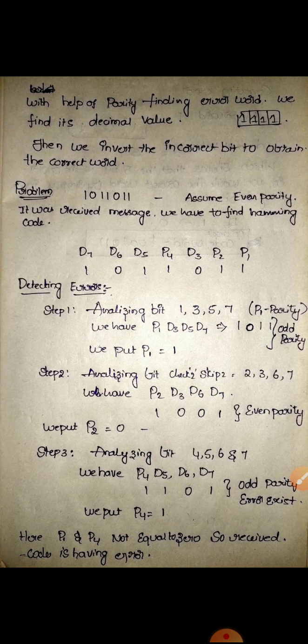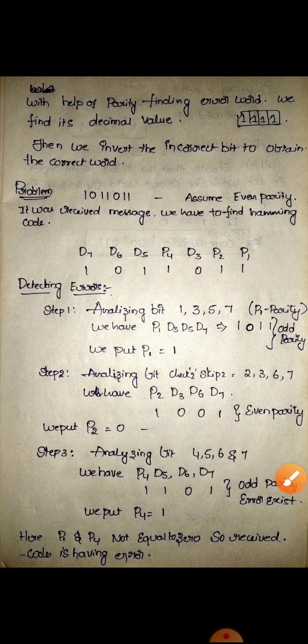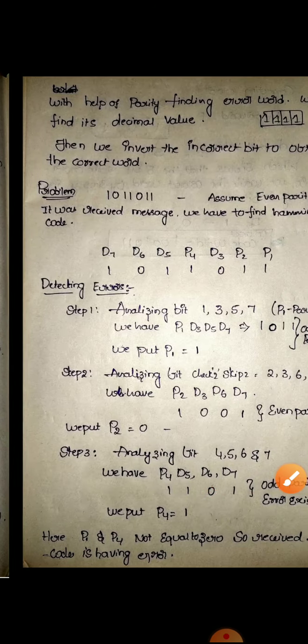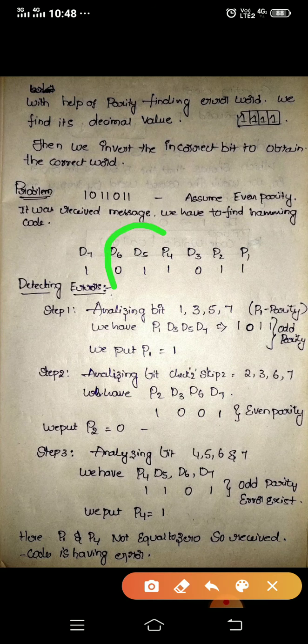Here you can notice that at the D5 position there is a 1. Instead of this 1 you have to change it to 0.